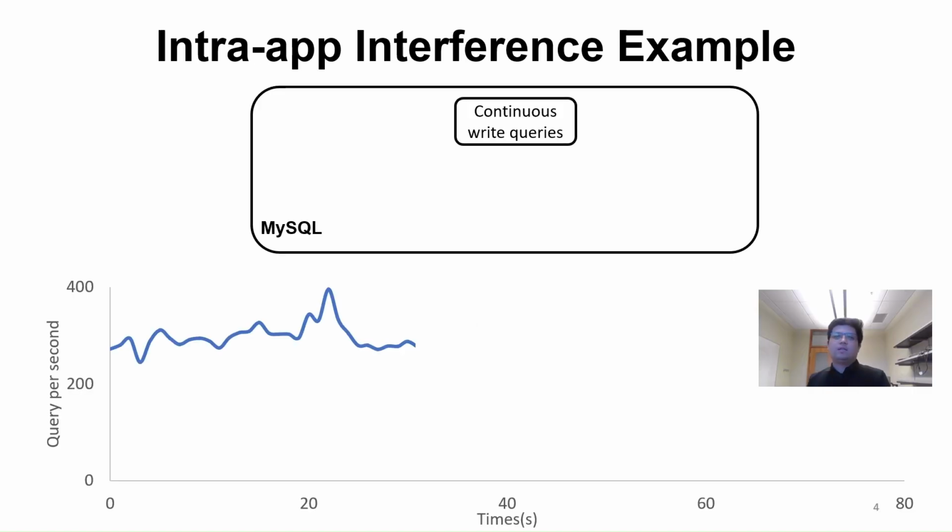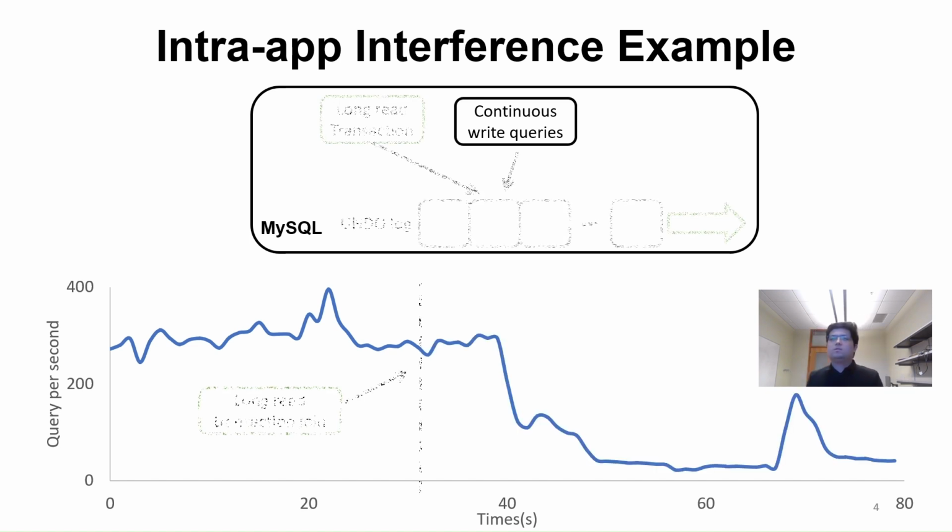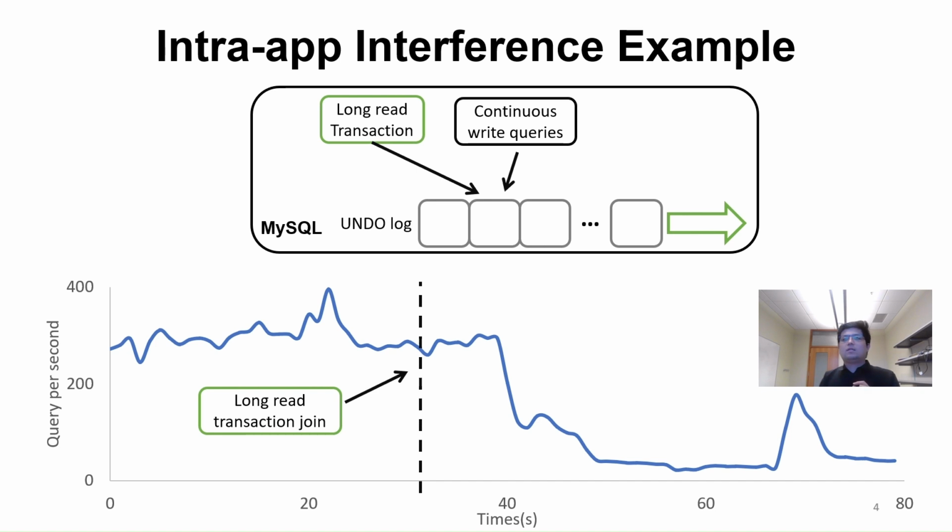Here is an example of intra-application interference caused by undo log contention in MySQL. In this experiment, we began by running a client that continuously sends write requests to the server. After 30 seconds, we introduce a new client executing long read transactions on the same table. To maintain multiple versions of the table, MySQL accumulates an increasing undo log.